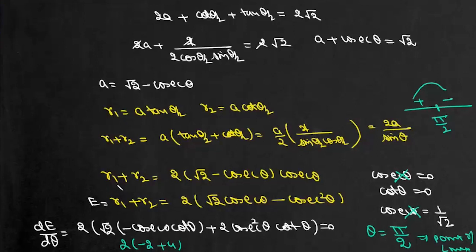So we'll get the maximum value of r1 plus r2 if we put theta as pi by 2. So if we put theta as pi by 2, then this r1 plus r2 max, it will be, now cosec 90 is 1, so it will be 2 into root 2 minus 1.